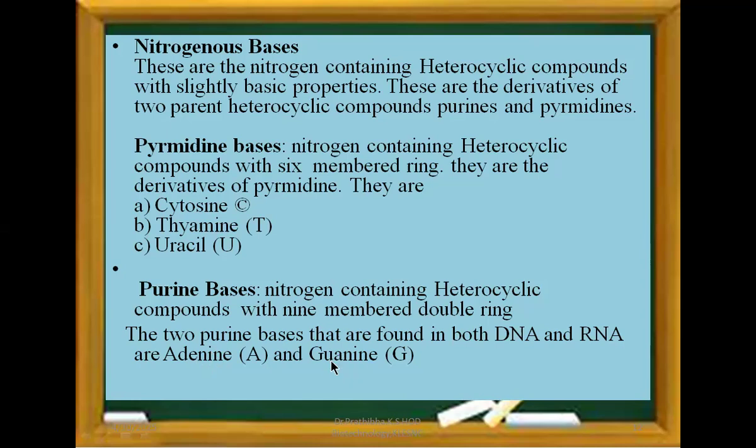Adenine and guanine can be observed in both DNA and RNA, whereas only uracil is in the RNA molecule. Cytosine and thymine are in the DNA molecule. All right, I hope I made myself clear about pentose sugar, nitrogenous bases, pyrimidines, and purines.